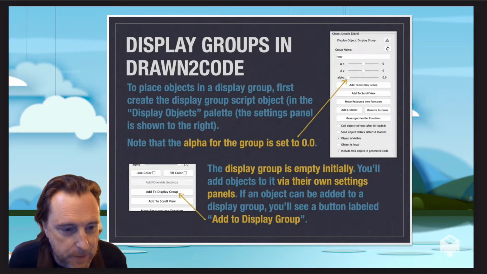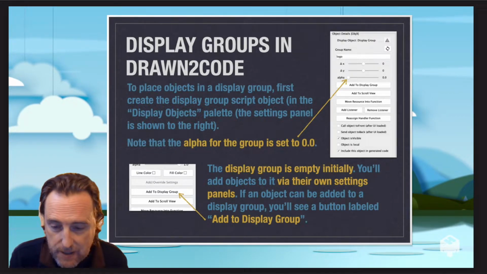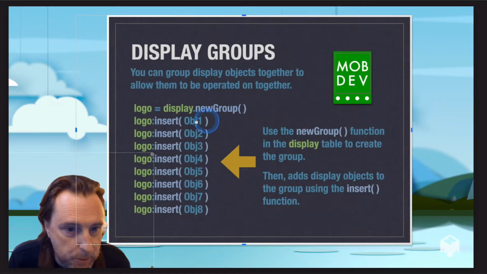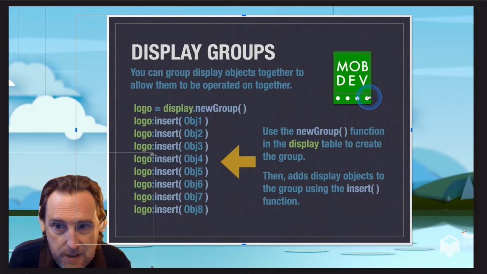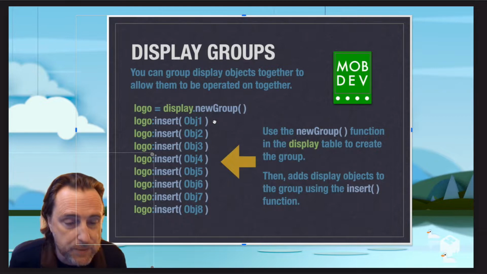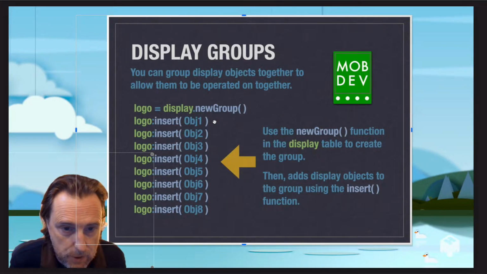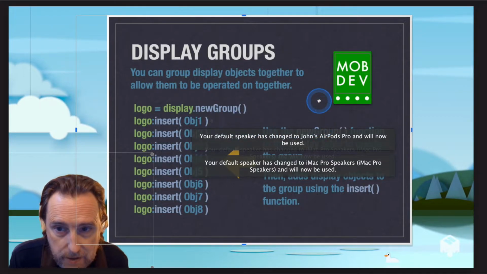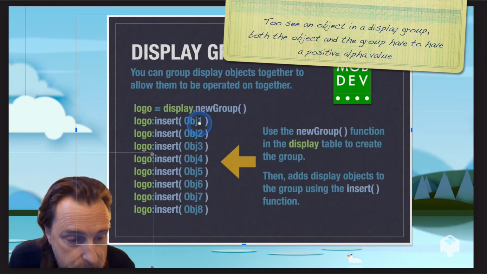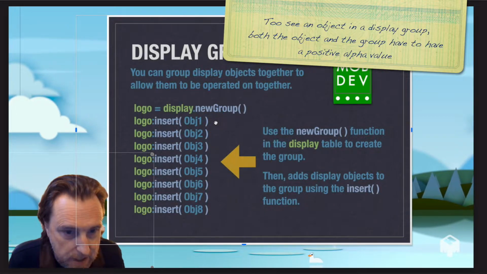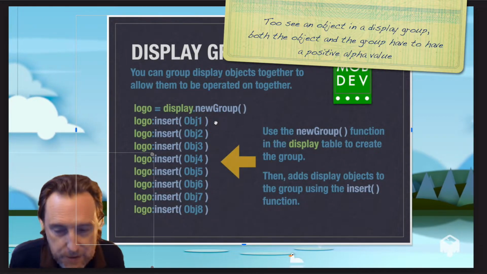So if you set one of those objects, say on this previous slide, let's say object 1 was the green background, on its settings panel, you can set its alpha to 0, and even if the display group alpha is 1, it still would not show the green background.